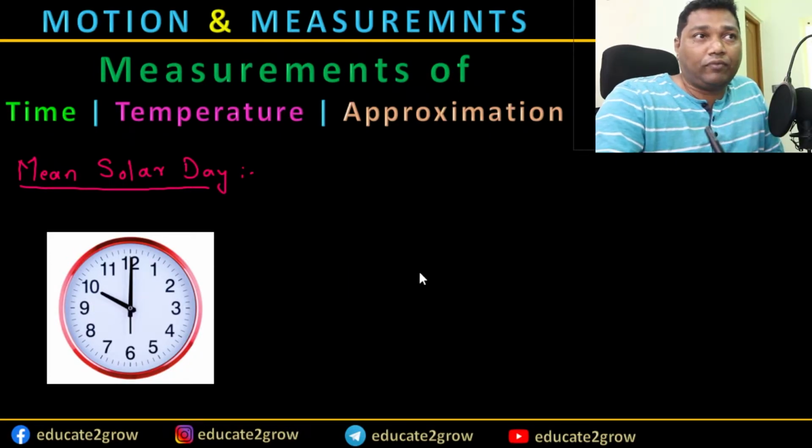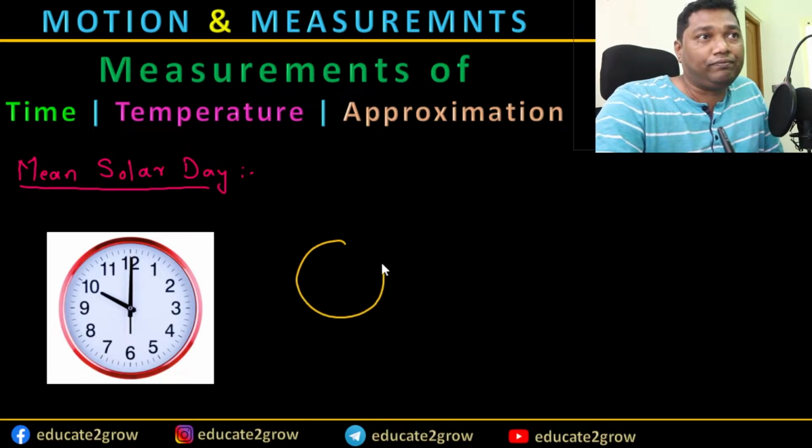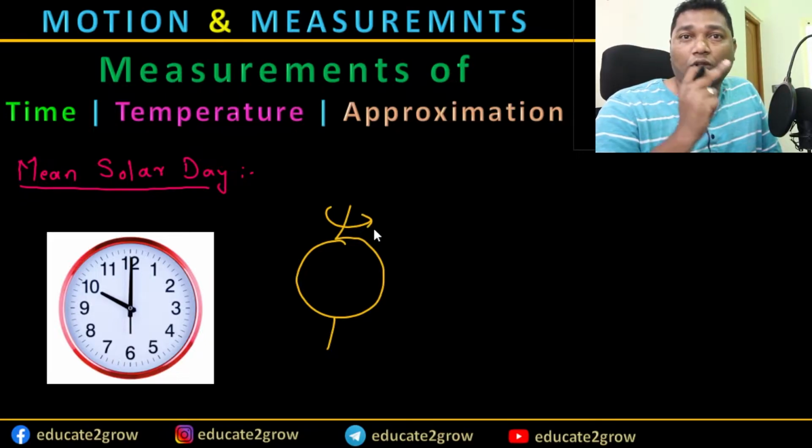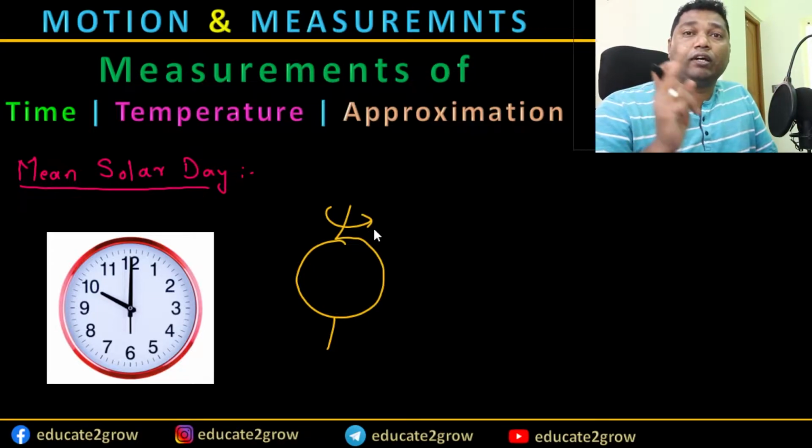See here, this is the earth and this is the axis. The earth rotates on its own axis, and it also rotates completely around the sun.